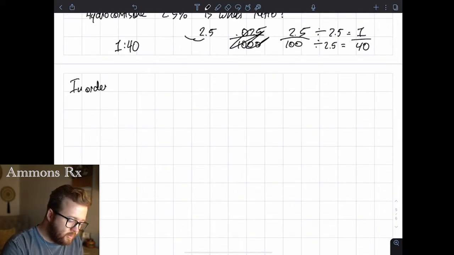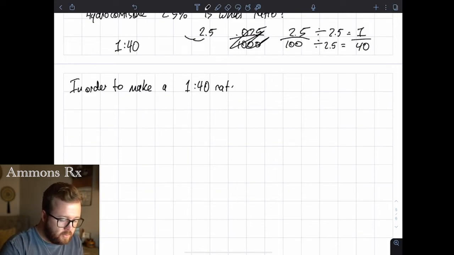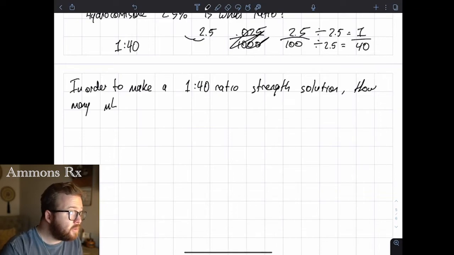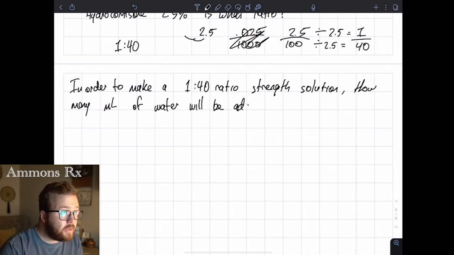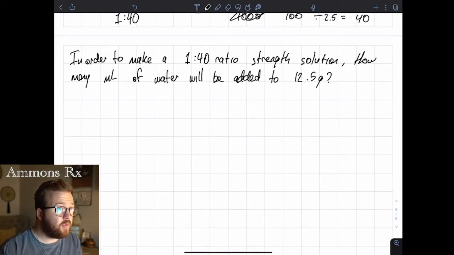In order to make a 1 to 40 ratio strength solution, how many mLs of water will be added to 12.5 grams? Okay, so 1 to 40, we have a ratio.